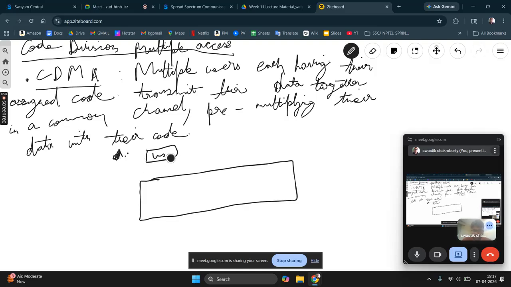User 1 transmits C1 into D1, so C1 is its code. Similarly, there is a user 2, it transmits C2 into D2 because its code is C2.